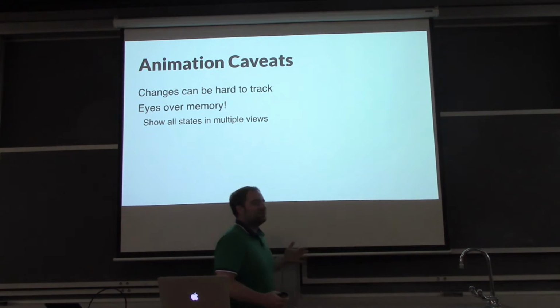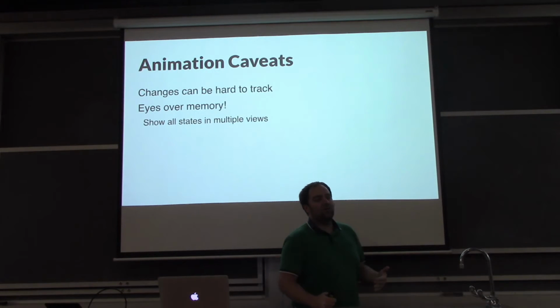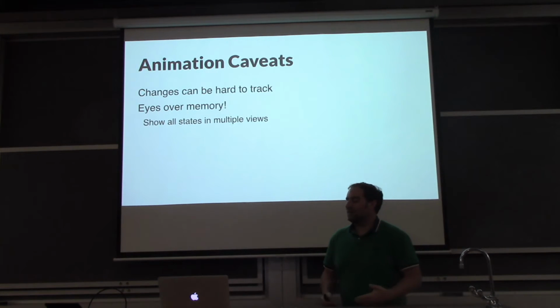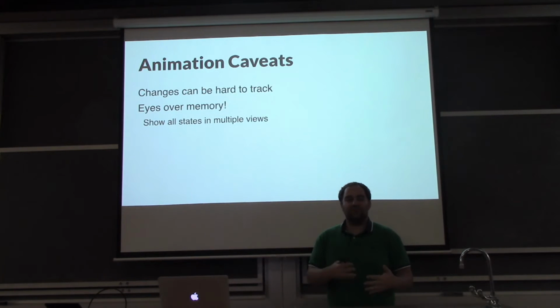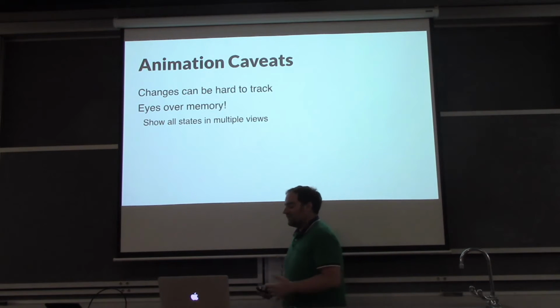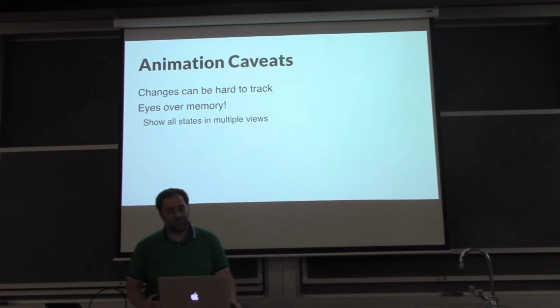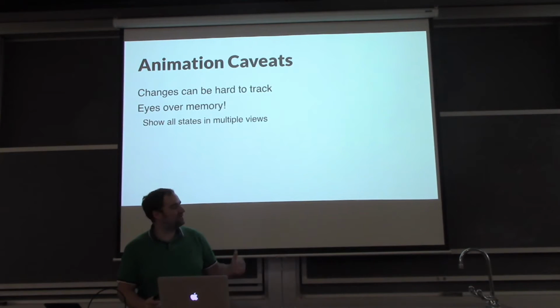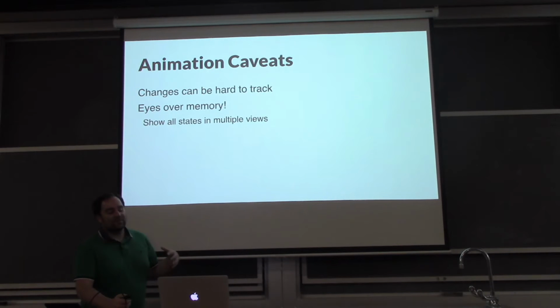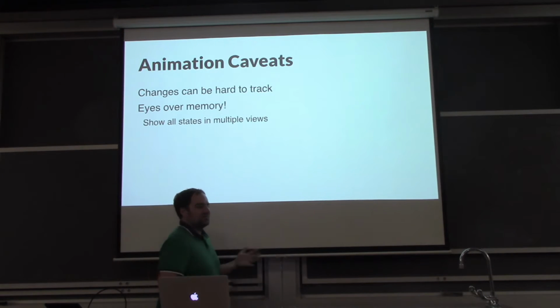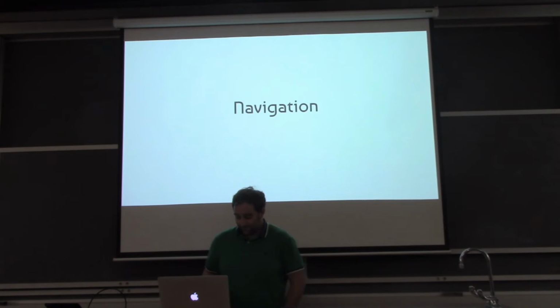Maybe there's a way for you to show all of the data in all of the states, and then you can actually compare them on one screen instead of having a transition between them. I'm not saying you should never transition, it's actually very powerful, but you should always evaluate the question: could I do this with an additional chart, for example, in a better way?